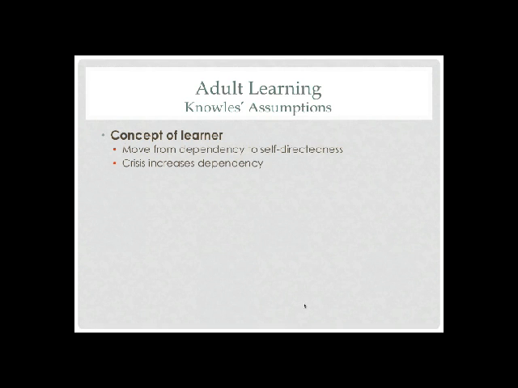Of course, things like crises, getting diagnosed with gestational diabetes or finding out you're pregnant is a crisis, whether you feel like it is or not, that we actually start trying to move in that direction. Every adult does. In fact, kids do the same thing, but adults tend to only want to learn information that they can use now.